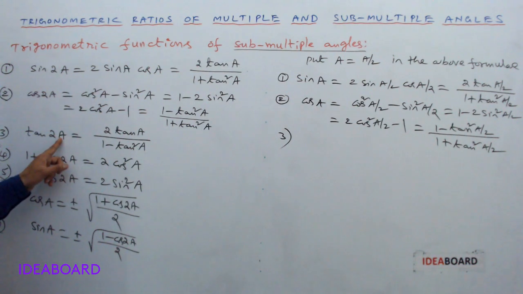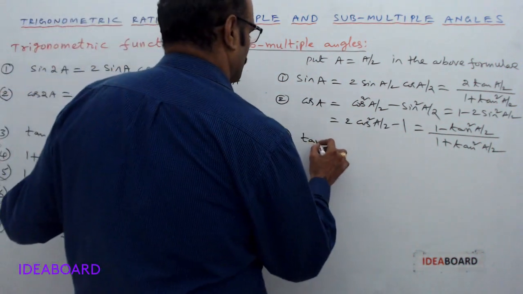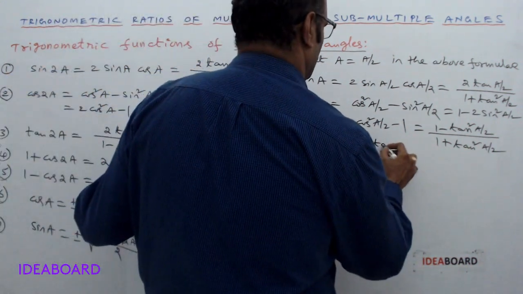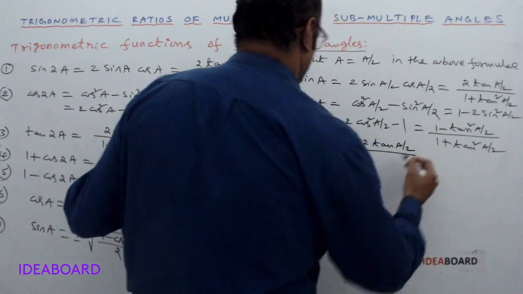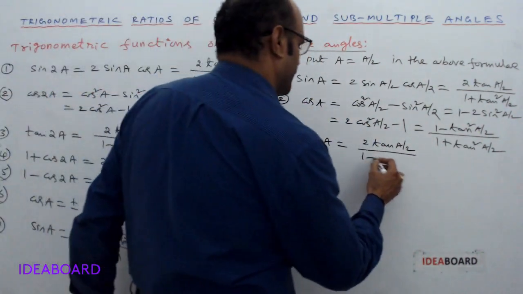Replace A by A by 2, 2 into A by 2 equal to A. So tan A equal to 2 tan A by 2 divided by 1 minus tan square A by 2.